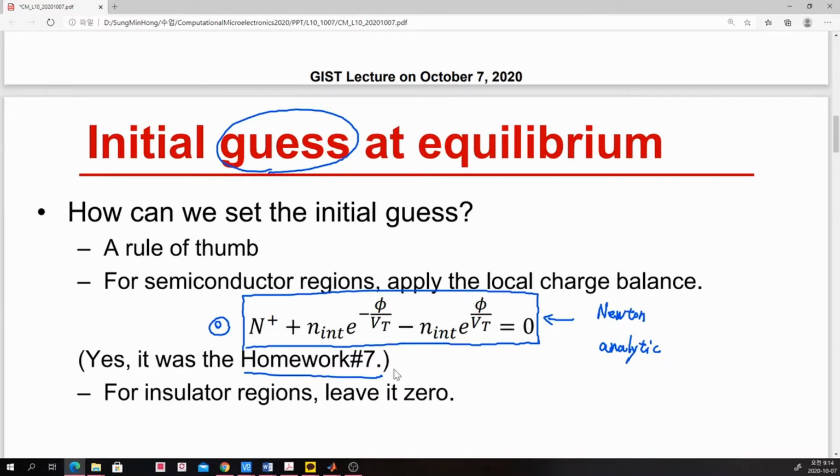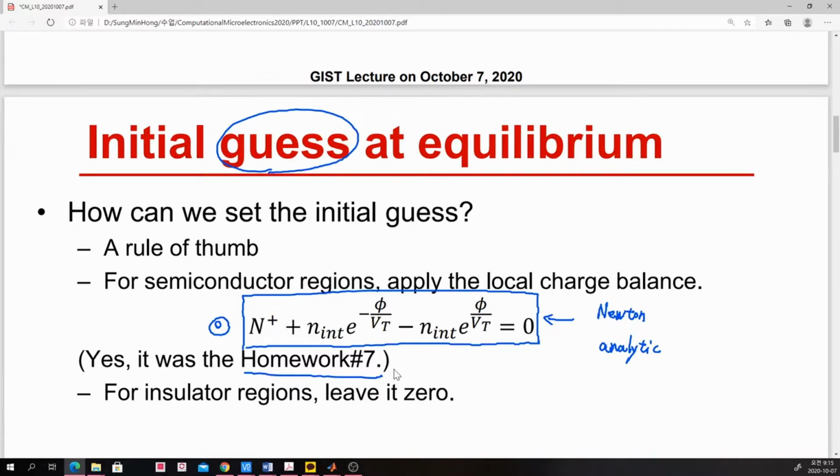Of course, when you start the full Newton iteration for your Poisson equation, since this is not the correct solution, this is far away from your correct solution, you will have certain deviation and certain errors at the early stage of your calculation. But the Newton-Raphson method is quite robust, although the provided initial guess is not the perfect one, anyway you will be able to get the solution.